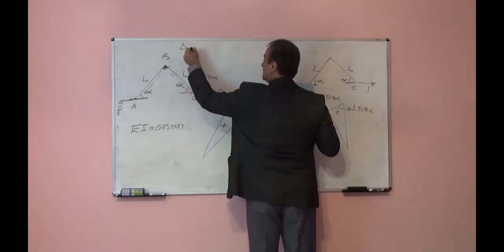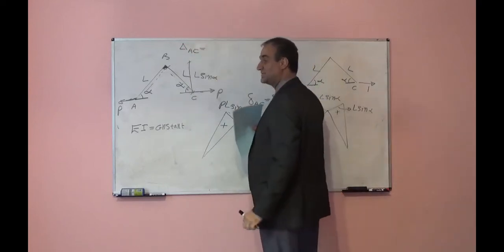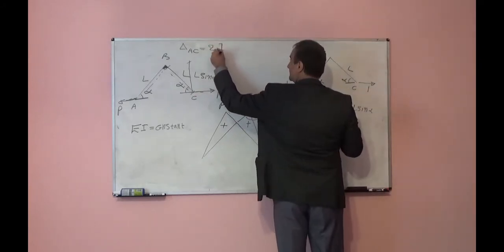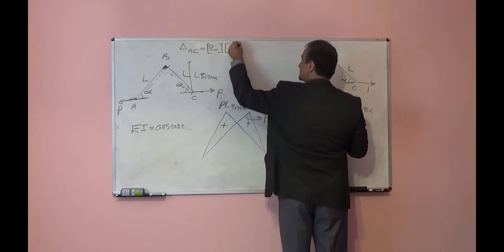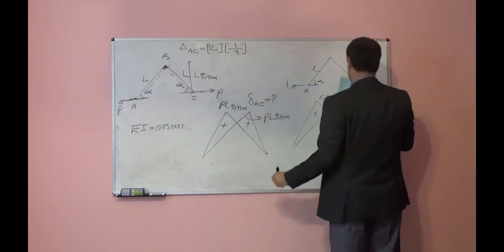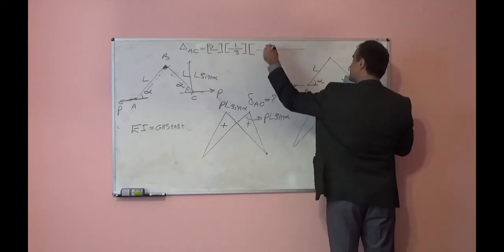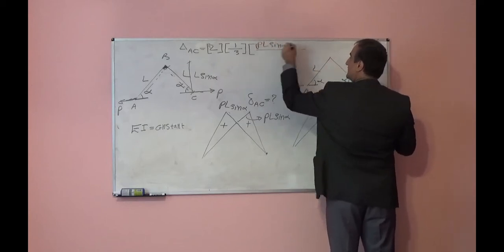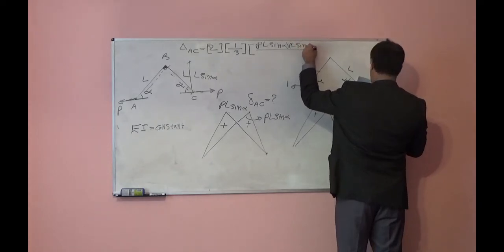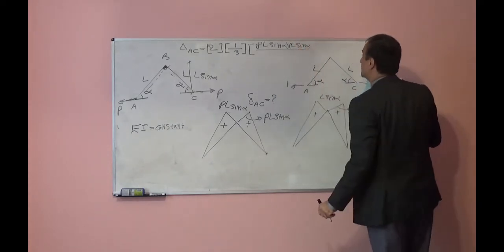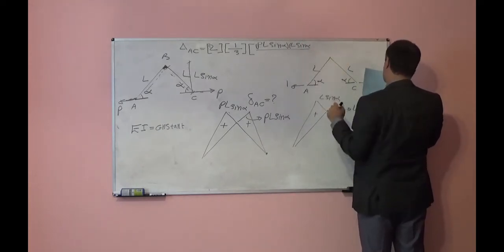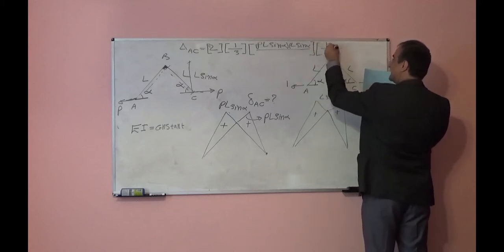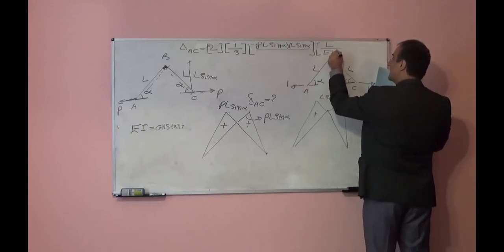So delta AC, which means how much the distance will increase between A and C, is equal to 2 times triangle to triangle, the coefficient is 1 over 3, times moment in the real system PL sine alpha, moment in the virtual system L sine alpha, times the length of the element, it is L, divided by EI.